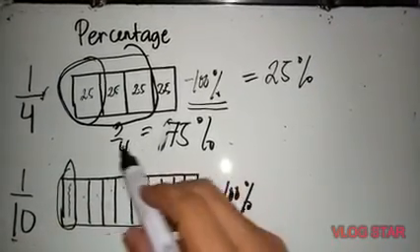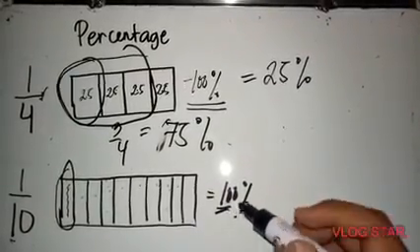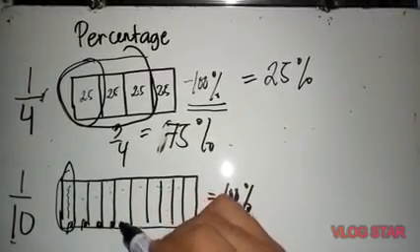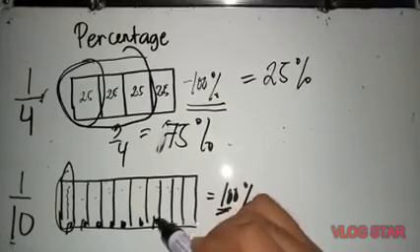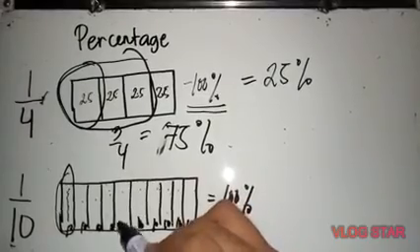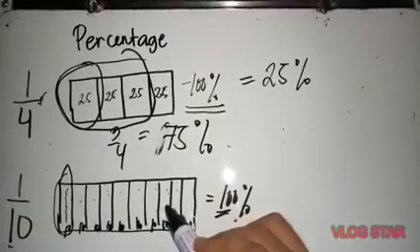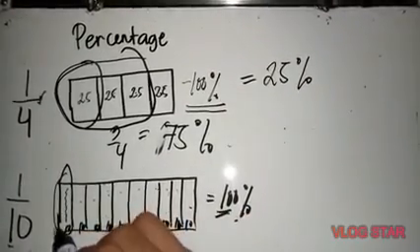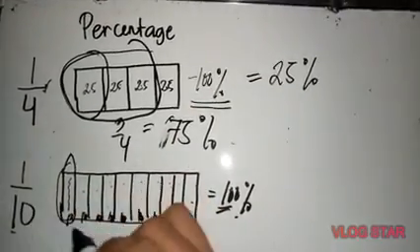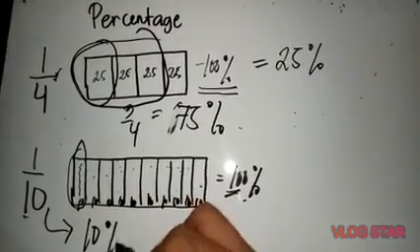Since this whole is divided into 10 equal parts and this is equal to 100%, each part is equal to 10%. So 10, 20, 30, 40, 50, 60, 70, 80, 90, 100. But we're just asking for the 1/10, so this part, or one part only. So 1/10 is just equal to 10%.